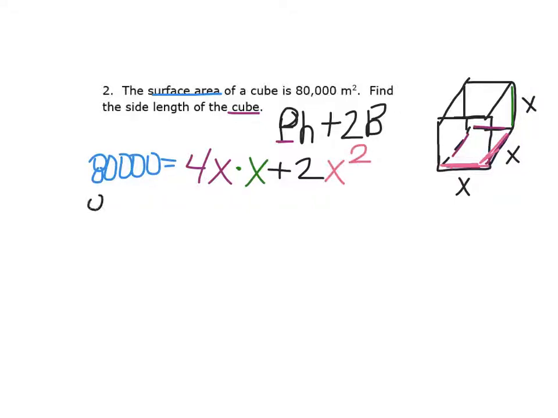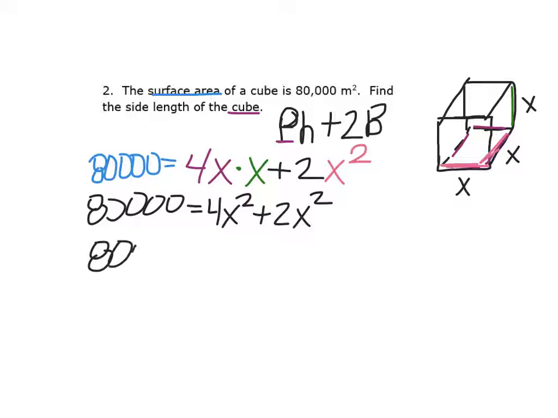In solving, we go ahead and multiply up our terms. So this becomes 4x squared plus 2x squared. These are like terms, so we can add them up. And that's going to give us 6x squared. Now we're going to divide both sides by 6.